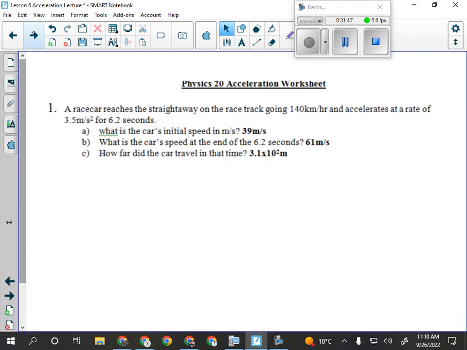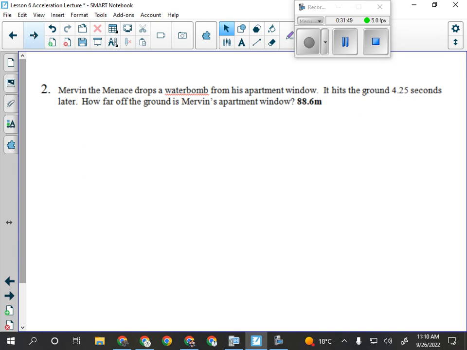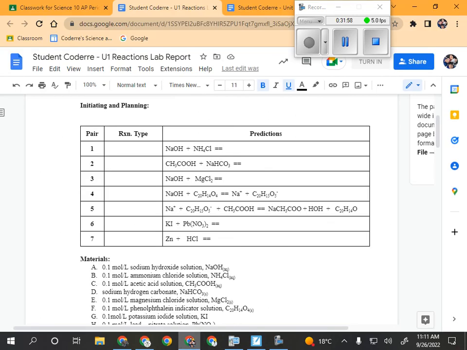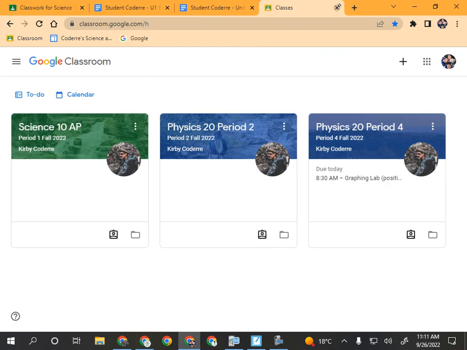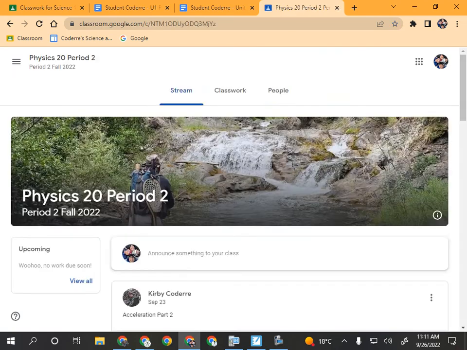Okay, in your workbook for this unit, you will find these questions. I can't remember what page it's on, so I'm just trying to find it for you here.